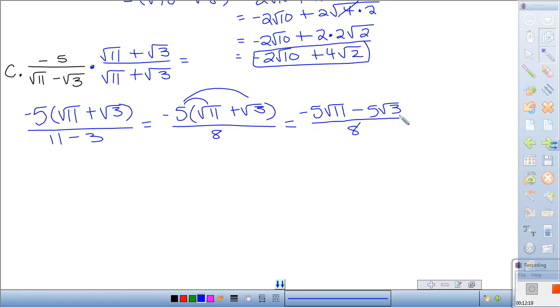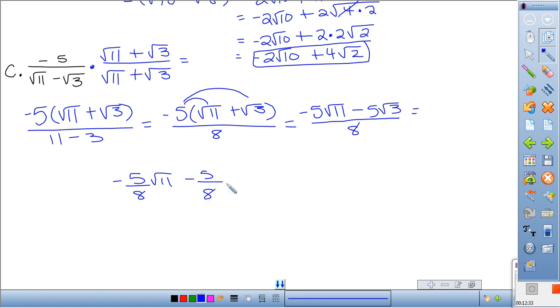And since the whole thing is being divided by 8, I can split it up into negative 5/8 times the square root of 11 minus 5/8 times the square root of 3. So all I really did is, since the whole thing's divided by 8, I just split it up. Negative 5/8 square roots of 11 minus 5/8 square roots of 3. And that's your answer.